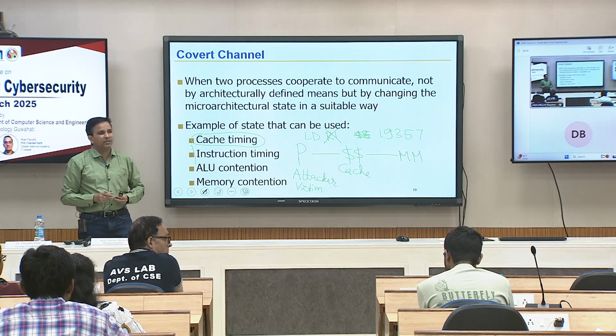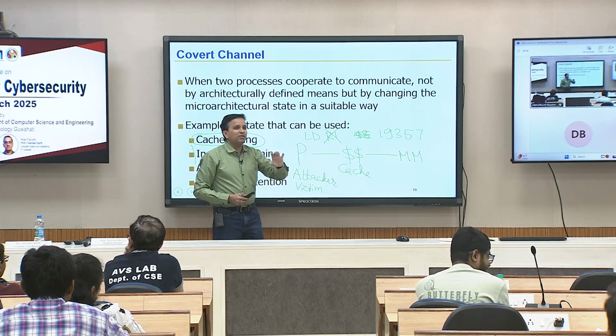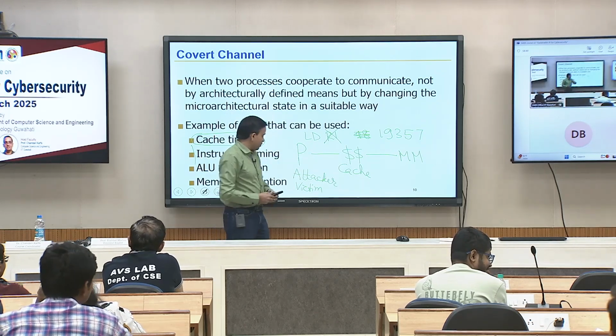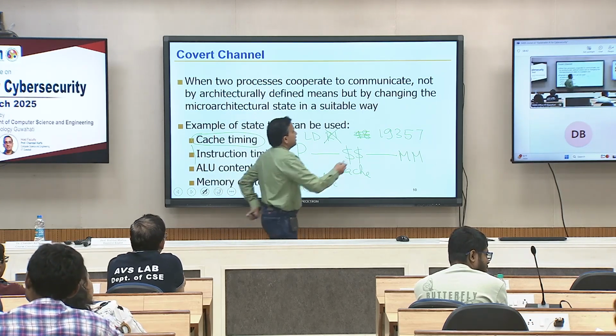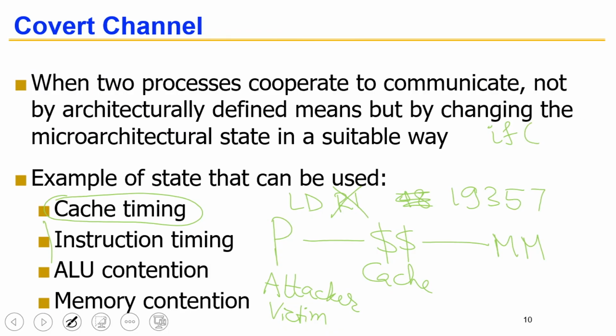Yes, please. Will this be limited to one page size? You can issue as many load instructions, but you have to make sure that when the processor does out of order, and remember, out of order comes in many ways, I will talk about speculative execution in a minute, if the resolution of the if takes, let us say, 2 clock cycles, then as an attacker you can hope only 2 instructions would be executed out of order.